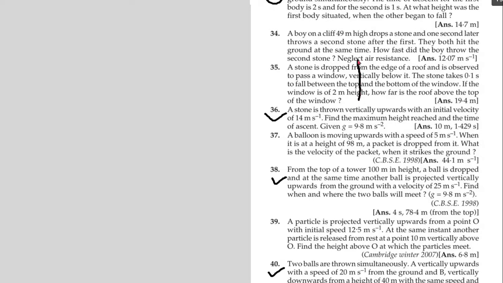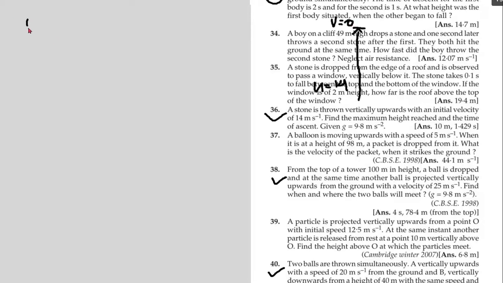Now I throw the ball upward with velocity u equal to 14 meter per second, and at this maximum point its velocity will be 0. That means its final velocity will be 0 here.